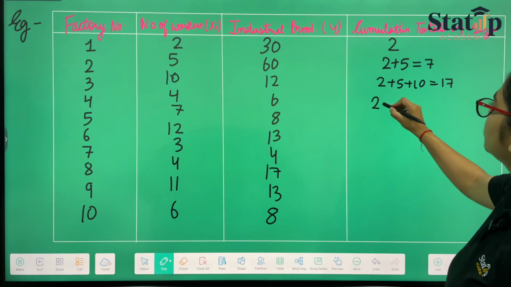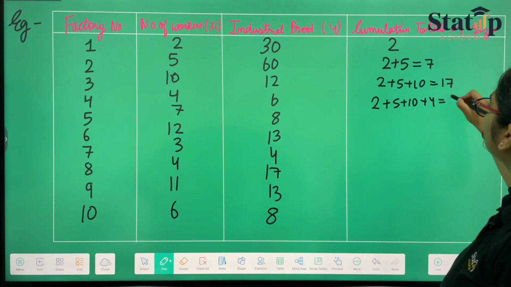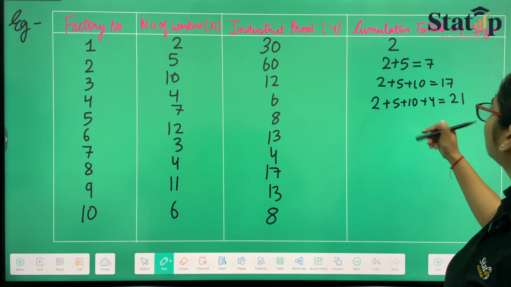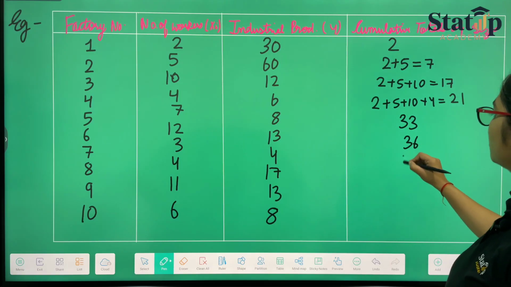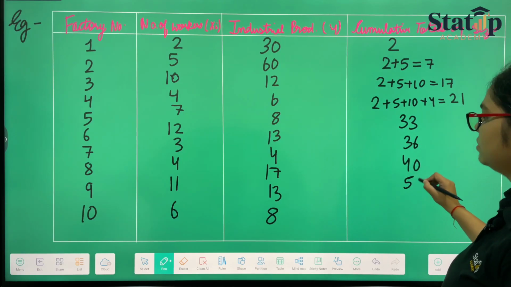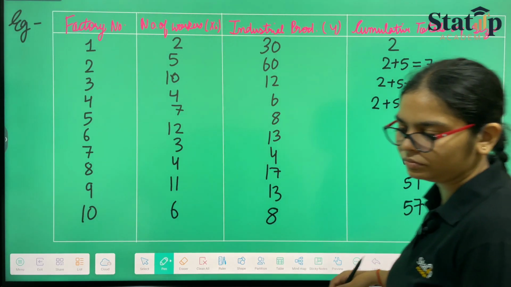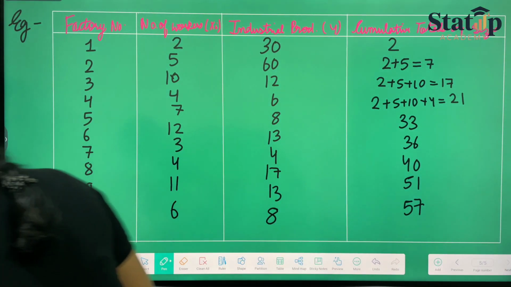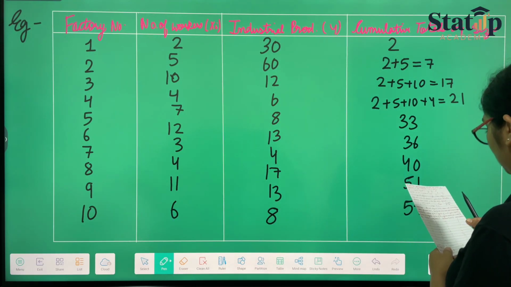Then the fourth one will be 2 plus 5 plus 10 plus 4, which equals 21, and so on. If we keep on adding, we'll get 33, 36, 40, 51, and 57.